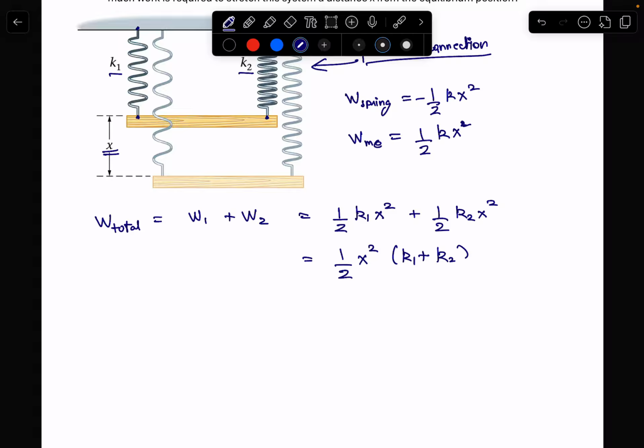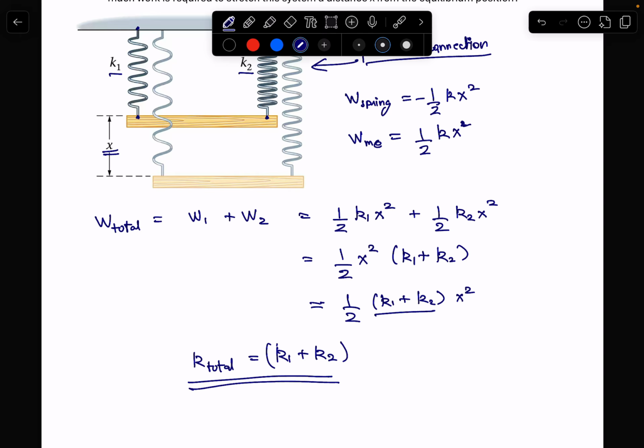It's k1 plus k2. If I write it again, is this equivalent to stretching a spring that has a k total of k1 plus k2?